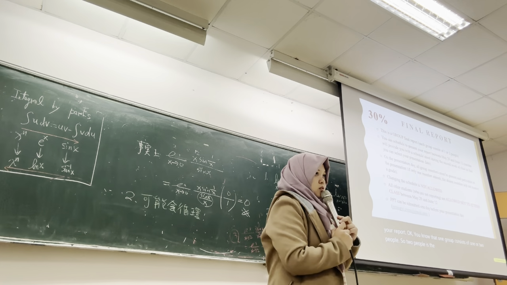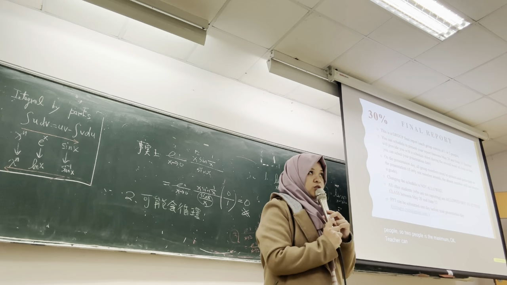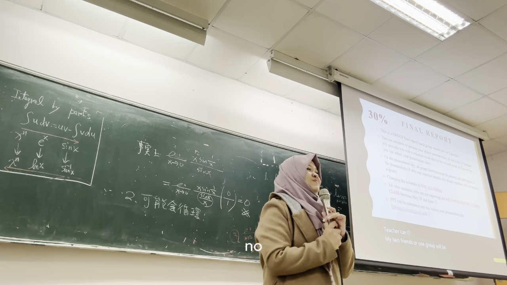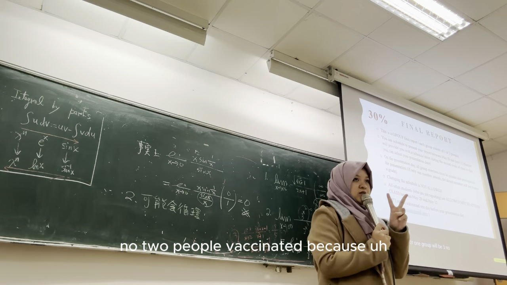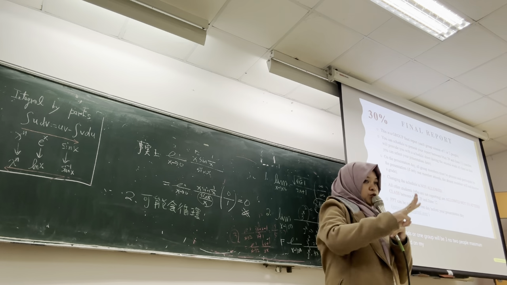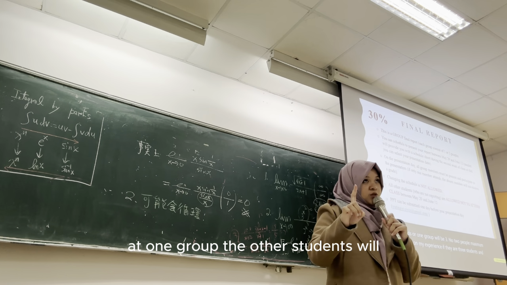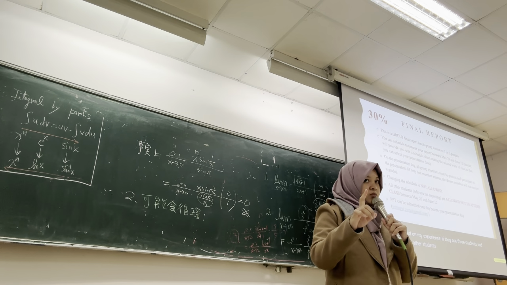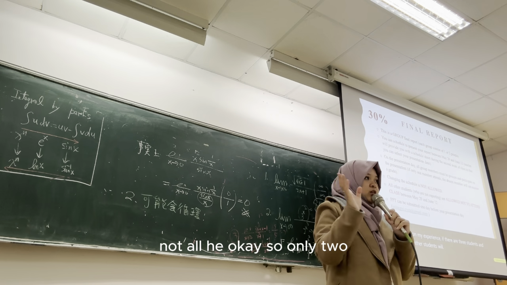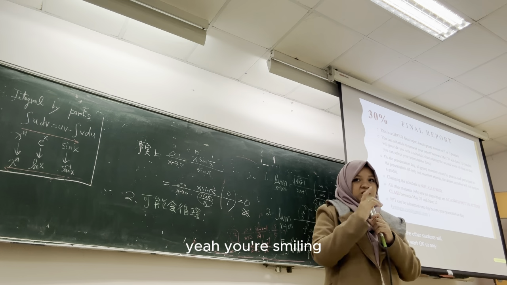Teacher, can I team up with my 2 friends, so a total of 3 in one group? No, 2 people maximum. Based on my experience, if there are 3 students in one group, one of them will not work. Yeah, you're smiling, so you know.